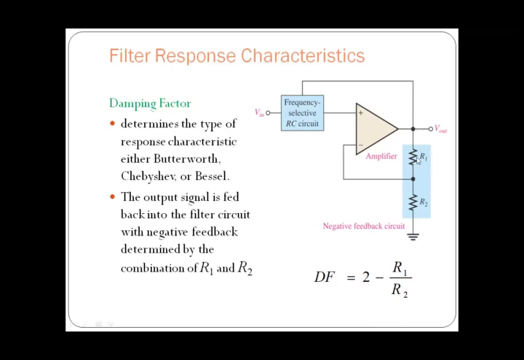We know that for the inverting terminal these two resistors are connected. This is a negative feedback provided by R1, and R2 will be grounded.